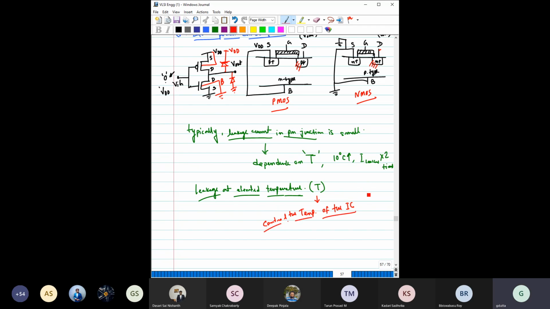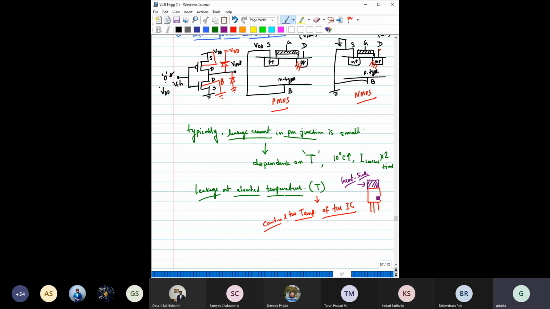That's why you have seen different packages of these ICs, particularly for power devices handling higher power, that come with some heat sink. There is a big metal piece connected.